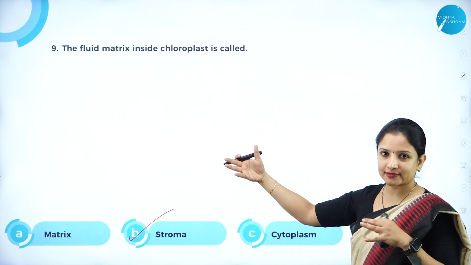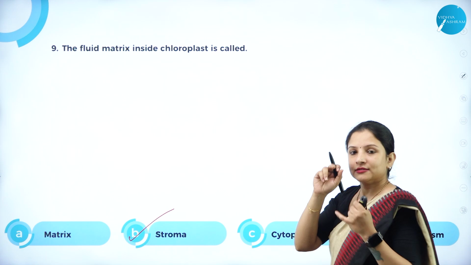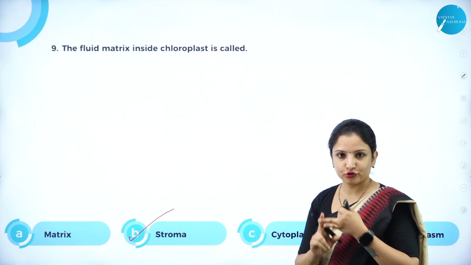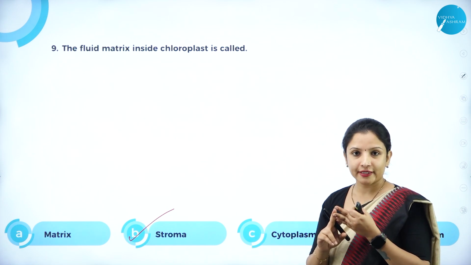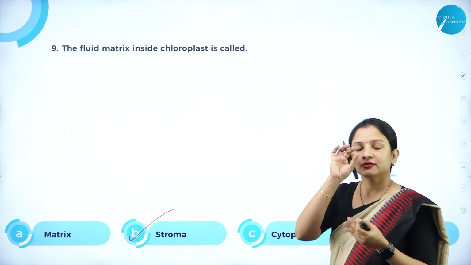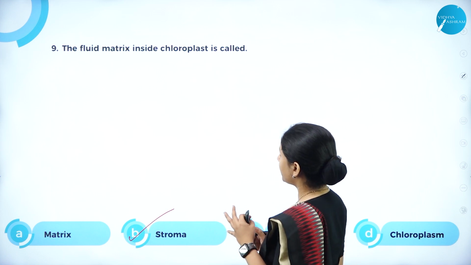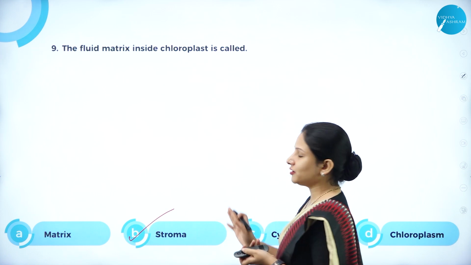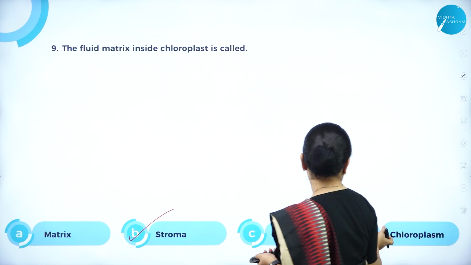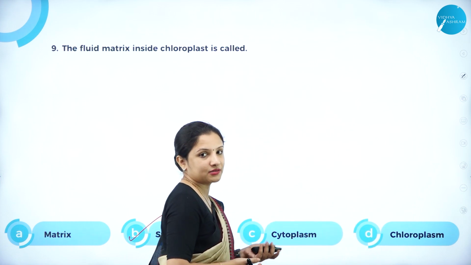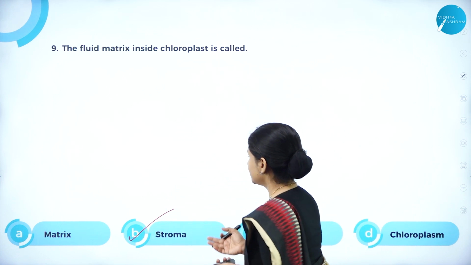In the stroma, there is circular DNA, ribosomes, thylakoids, grana, stroma lamella, all that. I think you have understood. So the fluid matrix inside chloroplast is called stroma. And it's not chloroplasm. There is nothing like chloroplasm. Don't get confused.